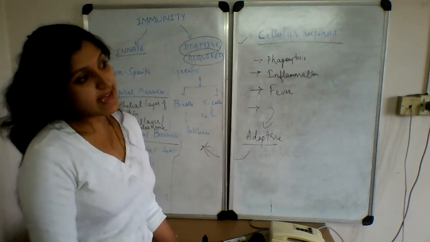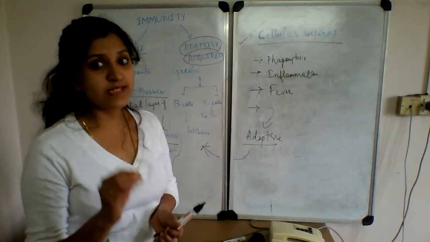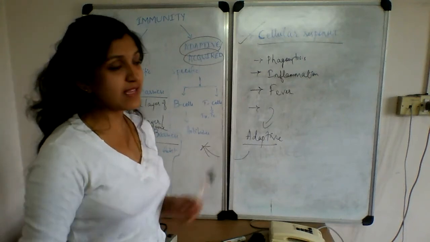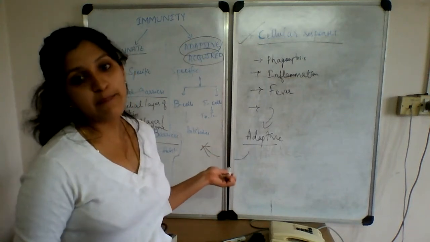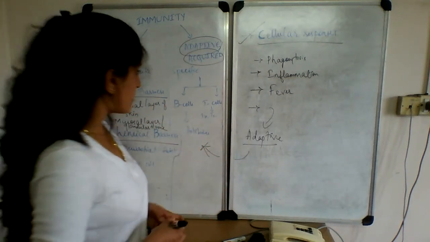Then they kill these microbes by producing holes and sending enzymes in to kill them. That is the perforin-granzyme method. So that's how the adaptive system works.